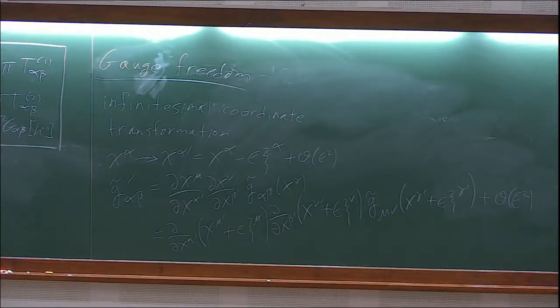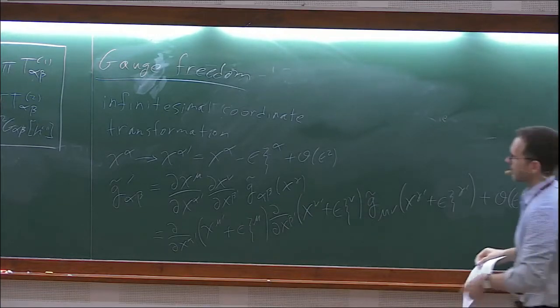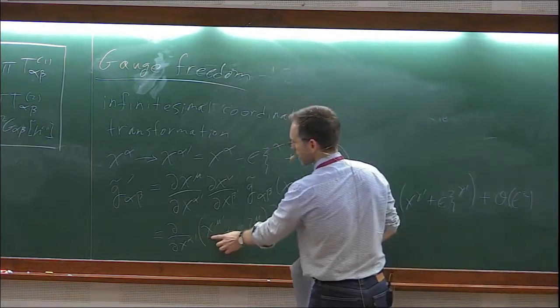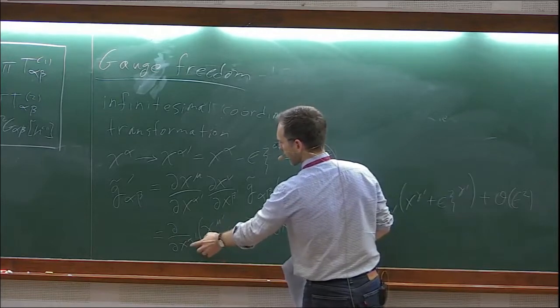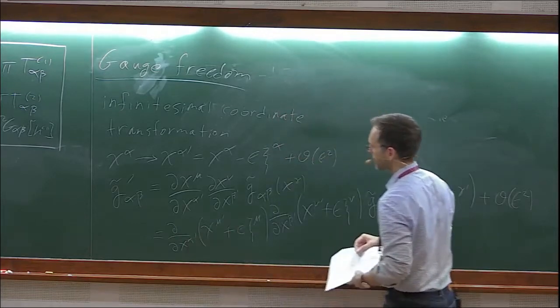So now we just want to expand all these terms out and see what we get. When this derivative acts on this first term, we get 0 if alpha is different than mu, and we get 1 if alpha is equal to mu. So that's just a Kronecker delta.